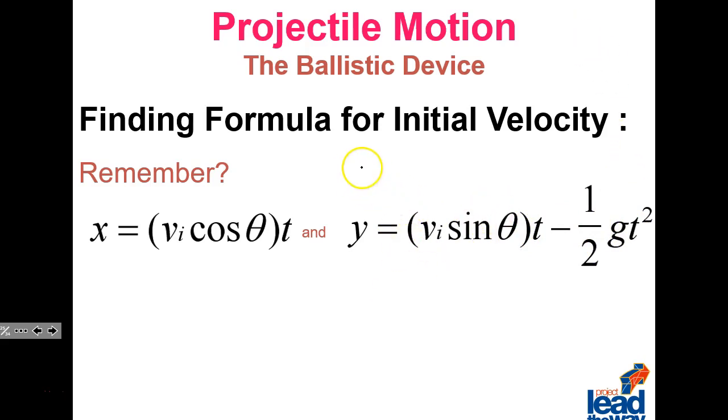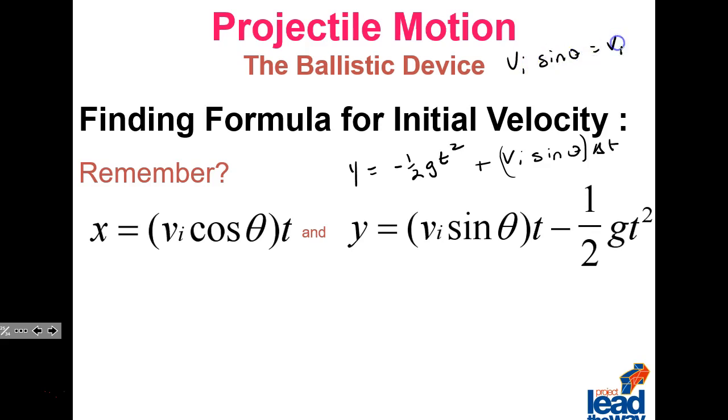Now, I will tell you that when I wrote this earlier, I went with y equals negative 1/2 g t squared, where I put the negative because g has a downward direction, plus VI sine theta times t, and the reason for this is that VI sine theta equals VIY.